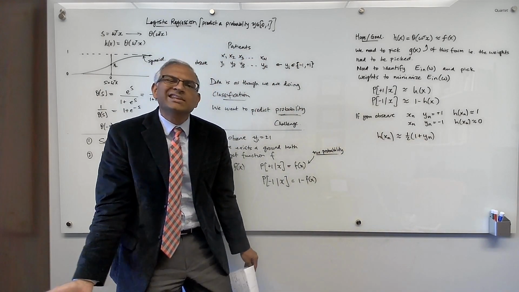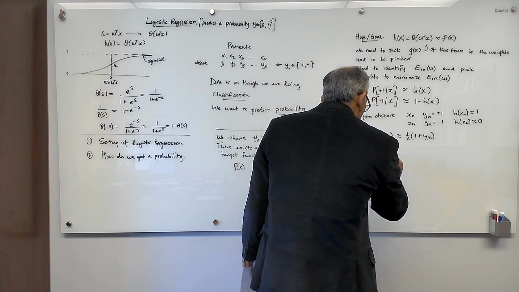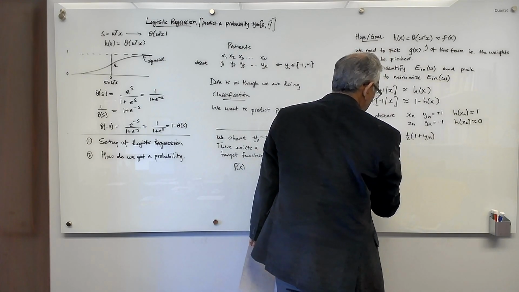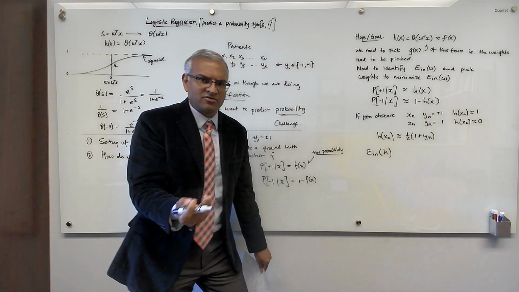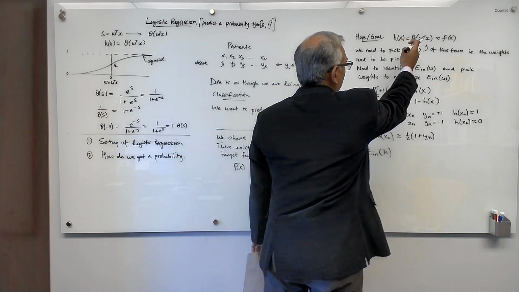And so now we can easily construct an in-sample error. Let's for the moment call it E in of h, but we know that to specify h, you just have to pick a set of weights w.